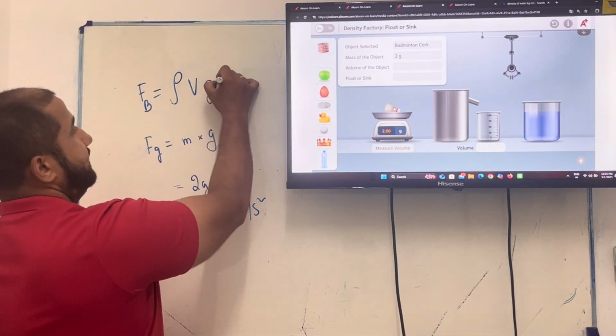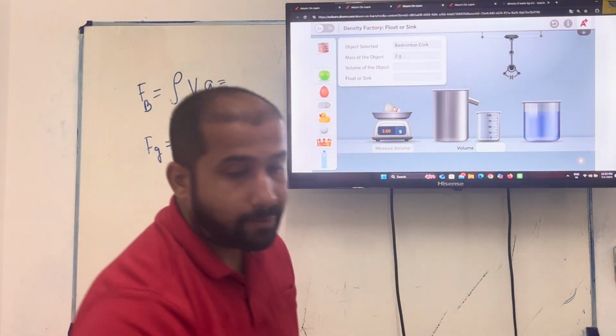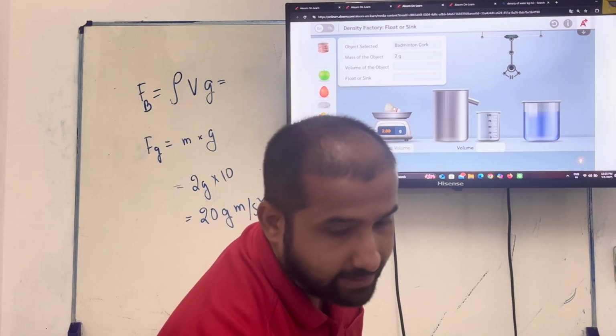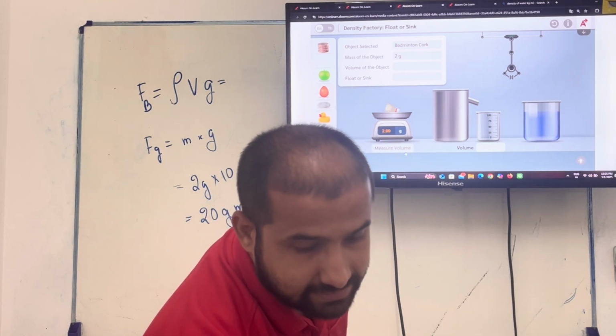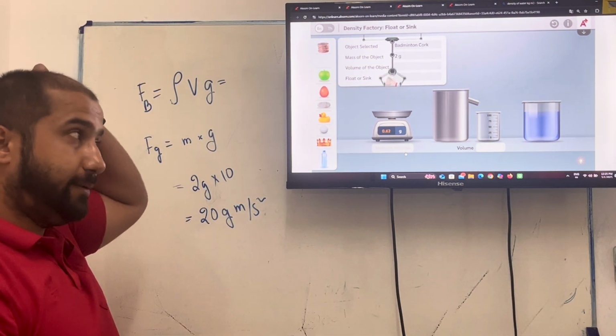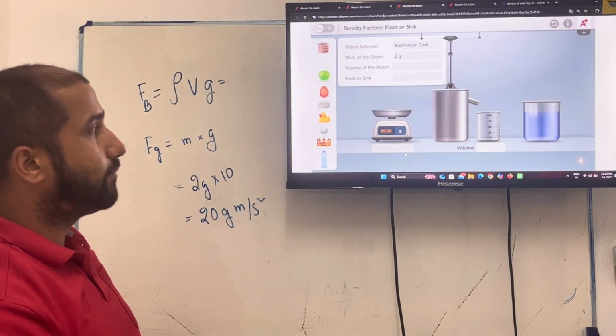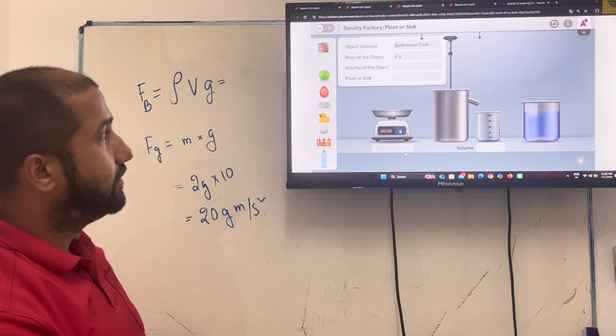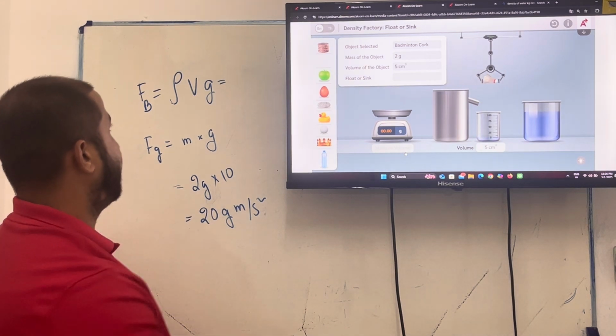Another case. Now, displaced fluid. How much is it displacing? Measure the volume. What is the volume of the displaced fluid? It is 5 centimeter cube.